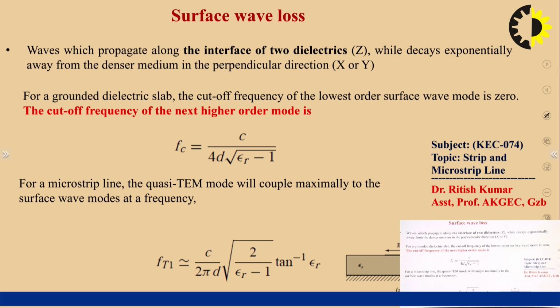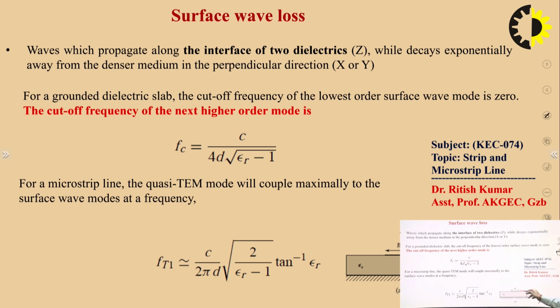Now, another important parameter is surface wave loss. What is the surface wave loss? As we clearly see here, it has two media. This is a discontinuity we have in two media, air and dielectric permittivity epsilon r, or we can say substrate. So this is the interface between these two media.